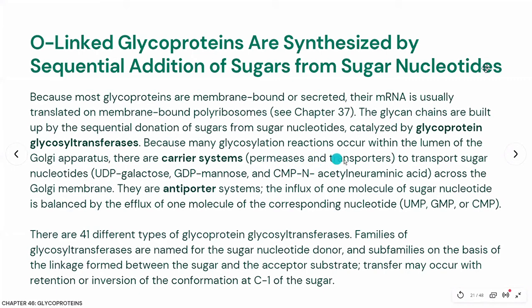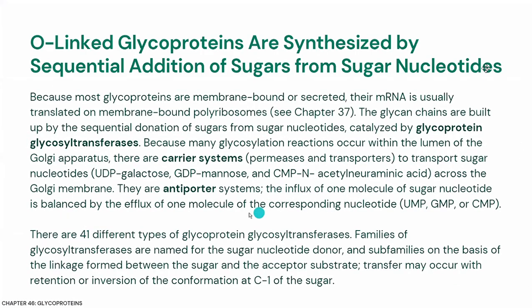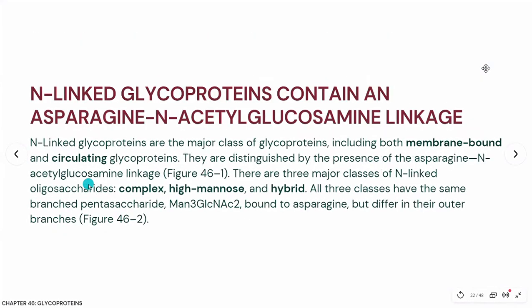And transporters, which transport sugar nucleotides, UDP galactose, GDP mannose, CMP acetylneuraminic acid, across the Golgi membrane.